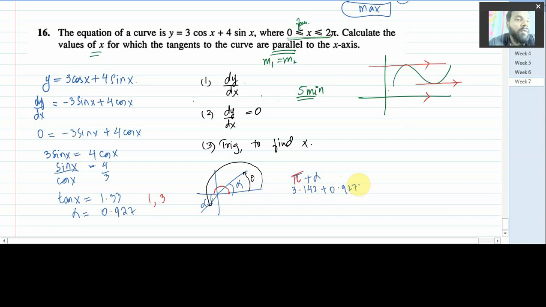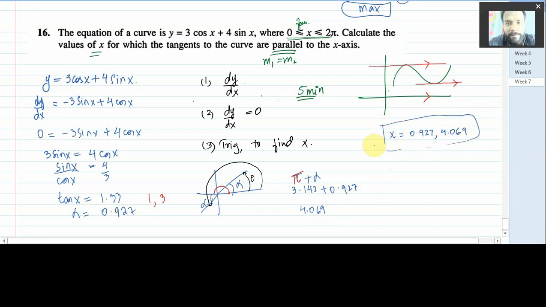When we add 3.142 plus 0.927, it's 4.069. So in the end, the two values of x I got are 0.927 and 4.069. Alright, so these are my final answers.